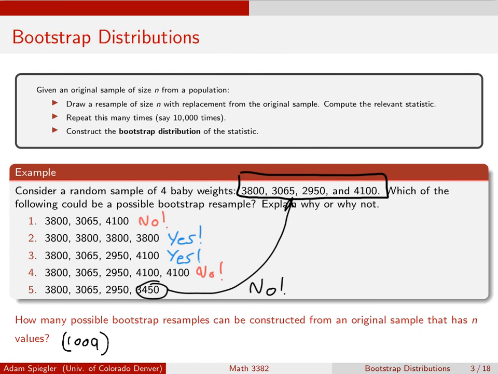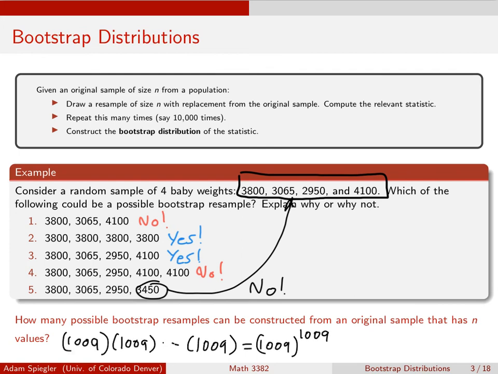For the first value that we pick, we have 1,009 possibilities. Then we put that value back in and pick another, so pick number 2 has 1,009 possibilities as well. Each time we pick a value for our bootstrap sample, we've got 1,009 possibilities. So we get a total of 1,009 raised to the power of 1,009.